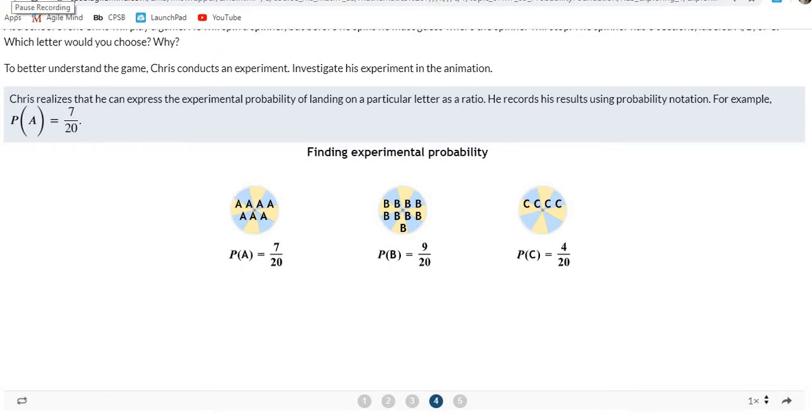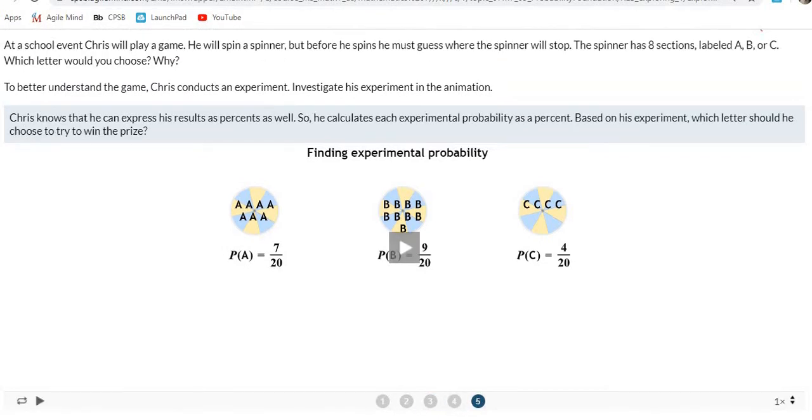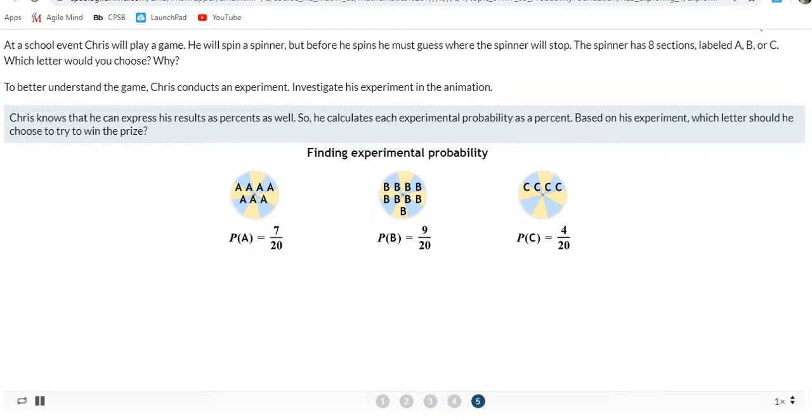So these probabilities are in fraction form. We want to look at them as percentages as well. The proper way to find percentages as a 7th grader, I could have just done 7 divided by 20, got a decimal, converted it to a percent.